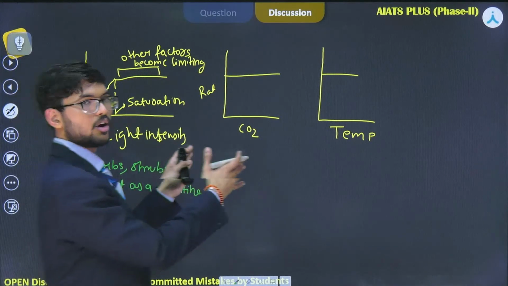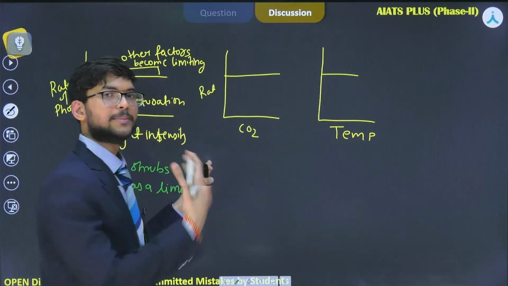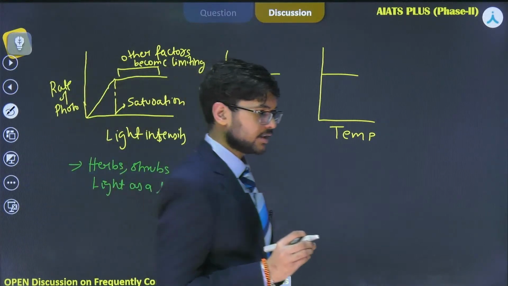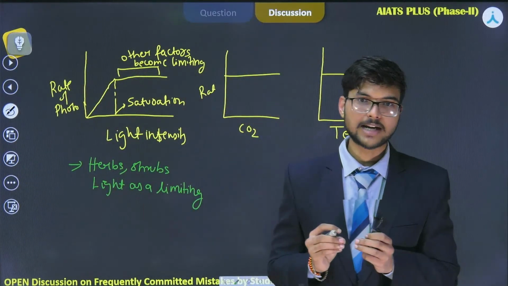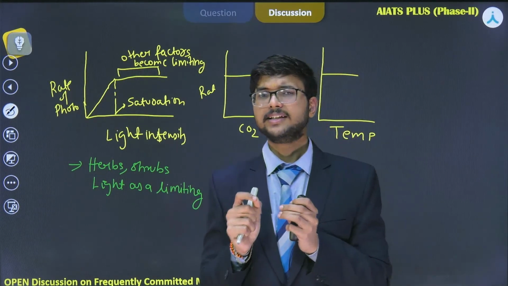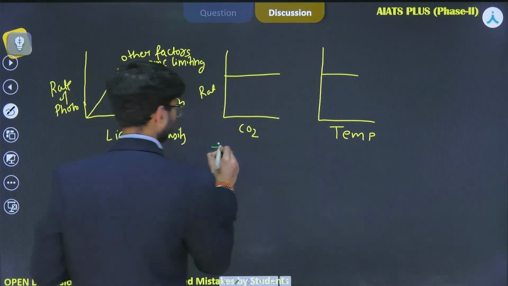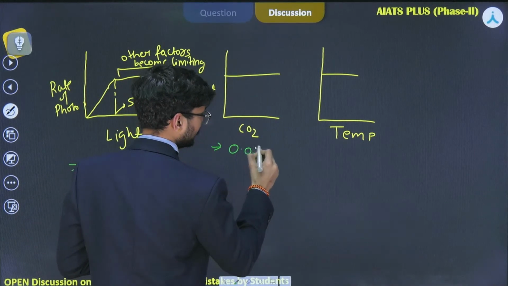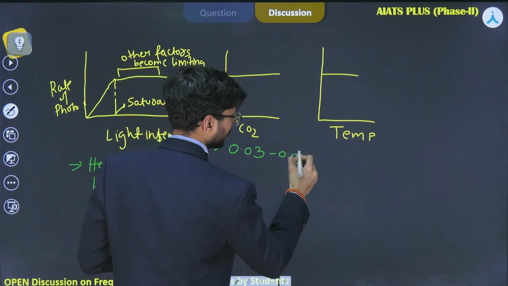Now let's move to the concept of carbon dioxide as a limiting factor. In the environment you will find that the concentration of carbon dioxide is around 0.03 to 0.04%.